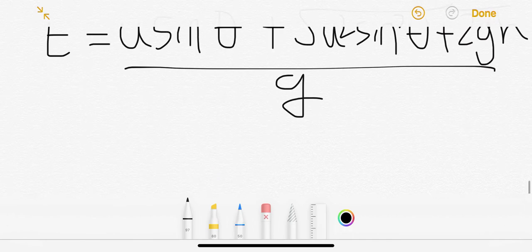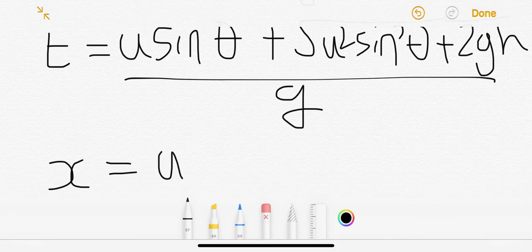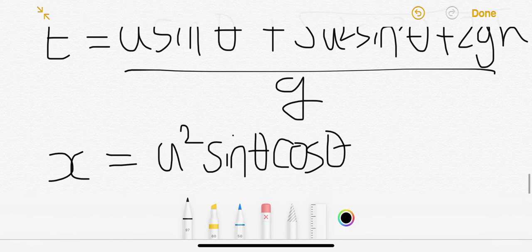So that gives us x equals, well, u times u, so u squared sine theta cos theta, plus u cos theta times the square root of u squared sine squared theta plus 2gh, and then all of that divided by g.